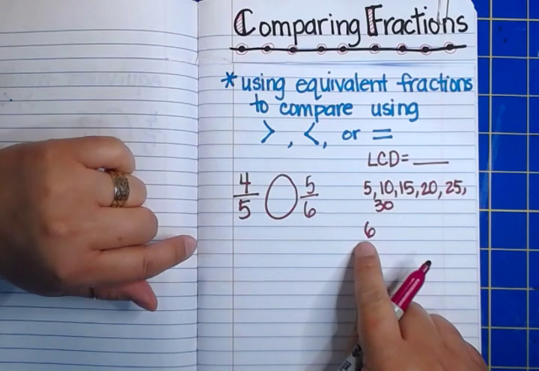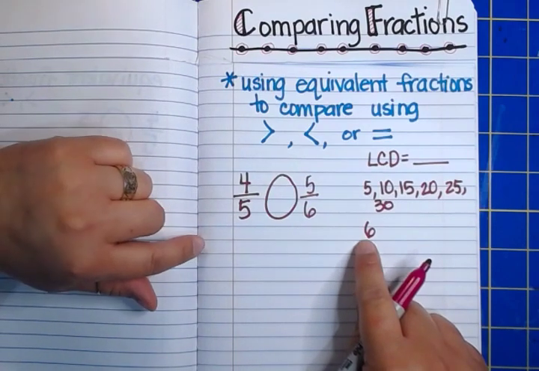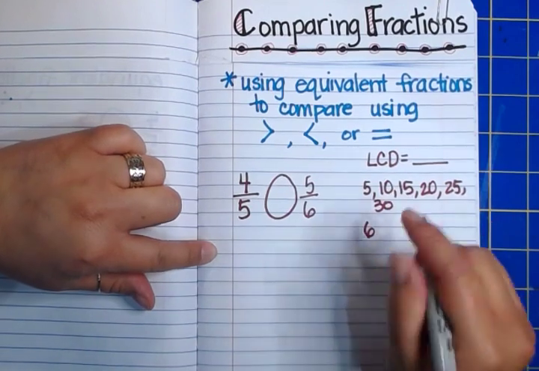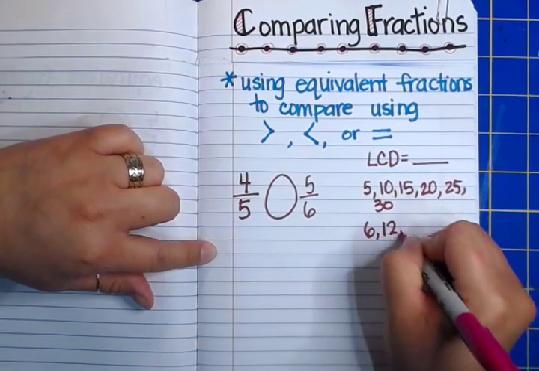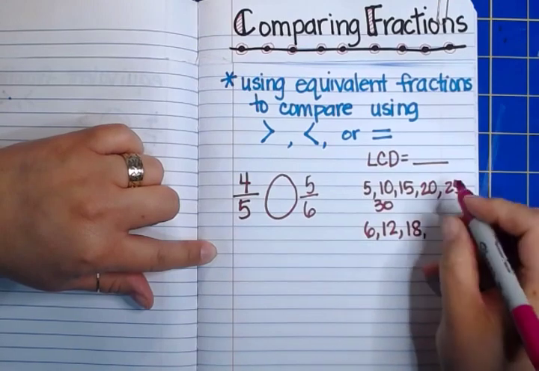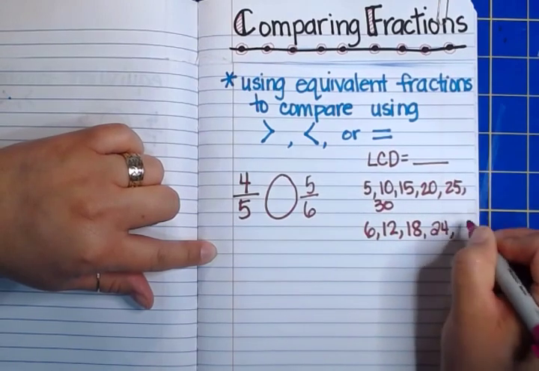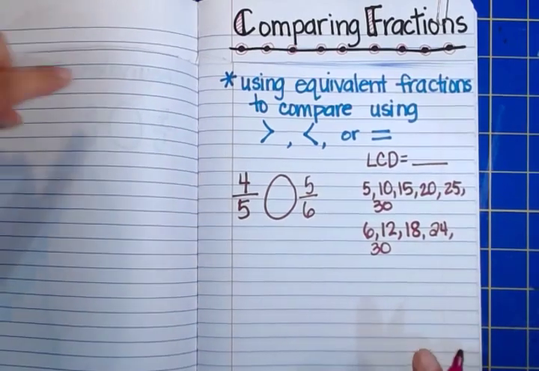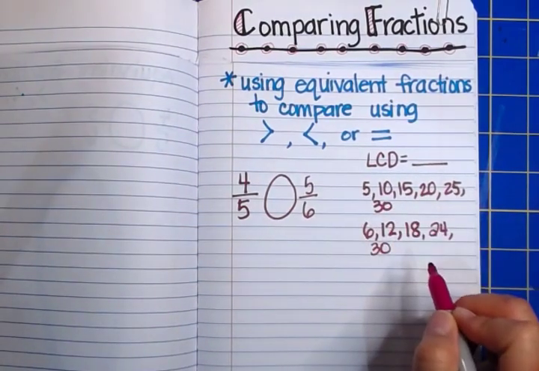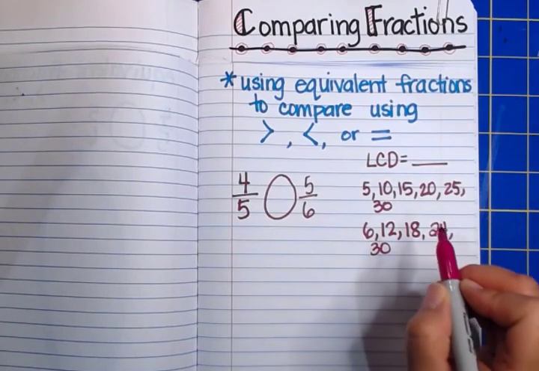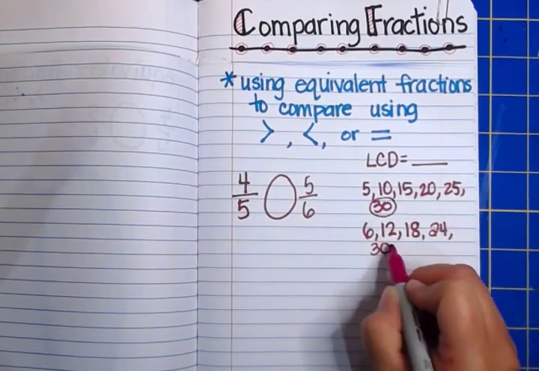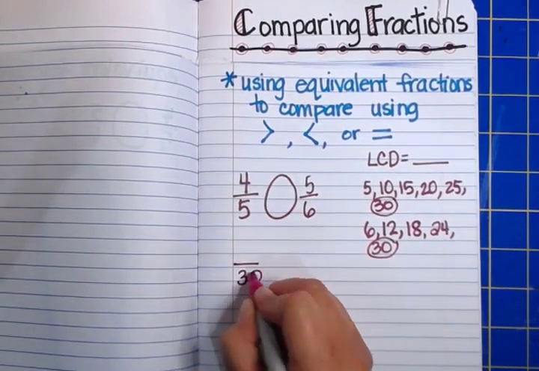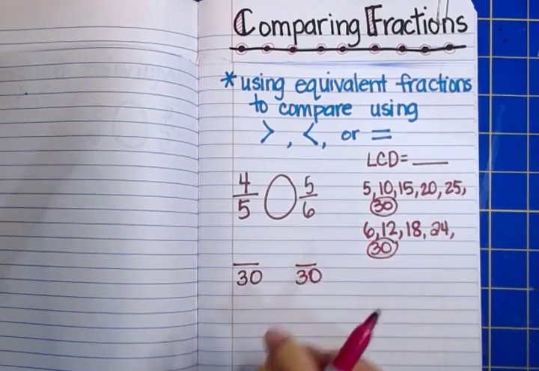And then I'm going to do the same thing for the number 6 until I get to a number that these two have in common. 6, 12, 18, 24, 30, and I'm going to stop right there. The reason I'm stopping right there is because I see that the smallest number that they have in common is 30. So I am going to rewrite this fraction with the new denominator of 30.